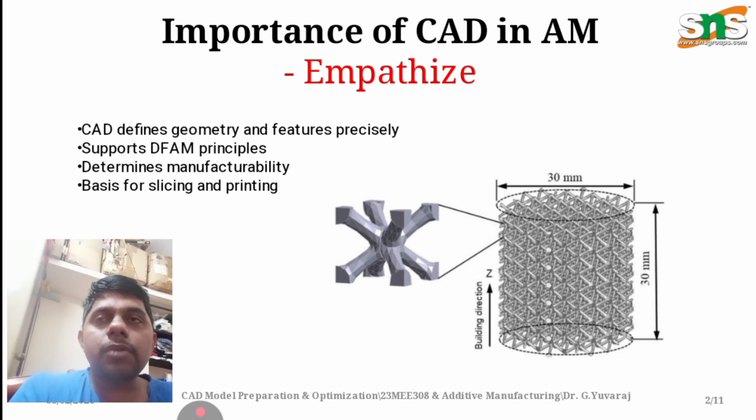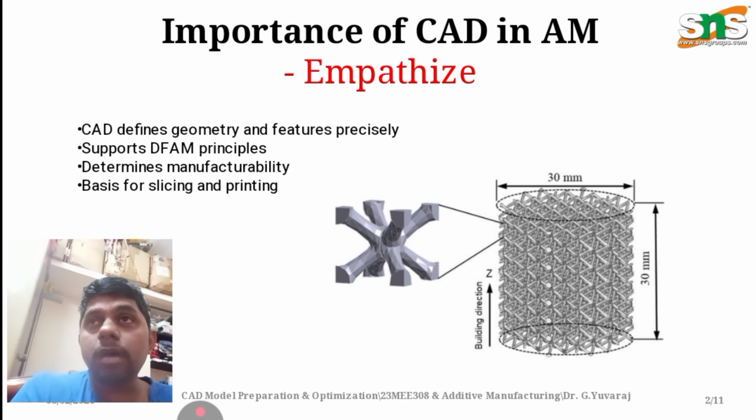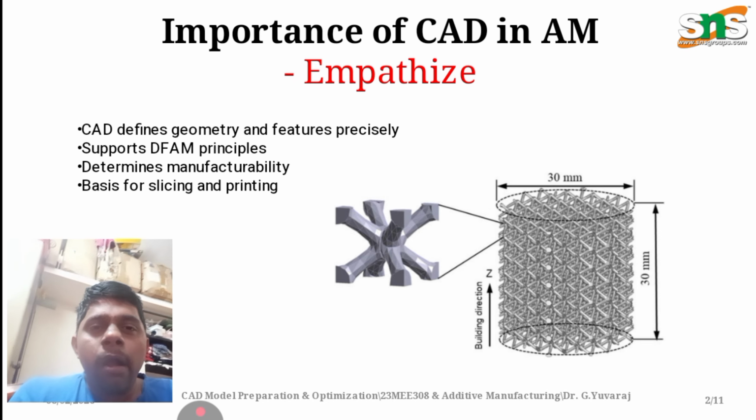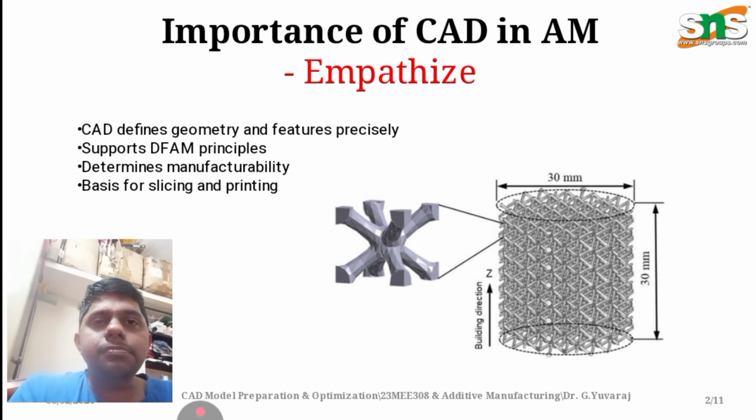Following that, we have to determine the basis for slicing and printing. Once the component is designed as per the requirement of the product, we assess whether it is fit for printability in manufacturing. Once that is done, we make it ready for slicing, and the printing is done on the basis of the slicing.